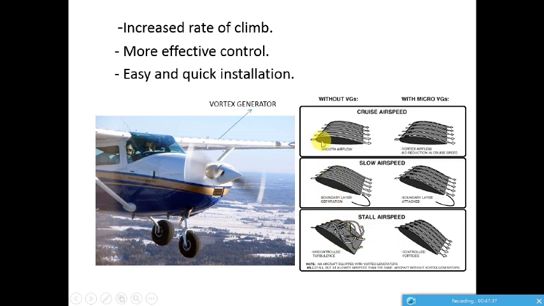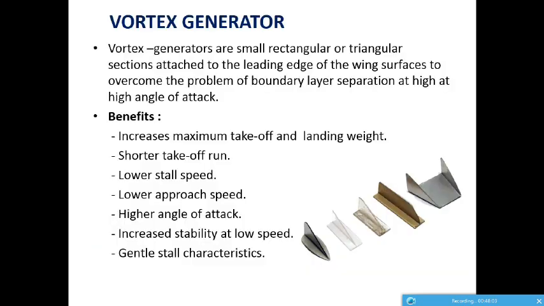When vortex generators are used, the air flowing over them creates vortices, which create low pressure over the surface of the wing, so that the airflow separation above the upper surface of the wing can be reduced, so that the aircraft can achieve much lower speeds compared to one without the vortex generator.